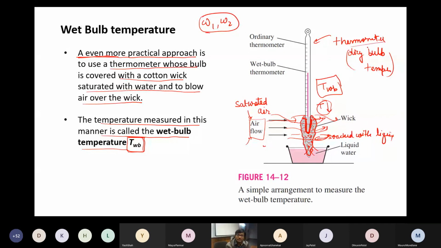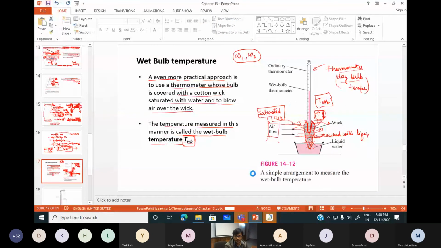At the normal condition, it tells my dry bulb temperature. So if the saturated air is being blown over this wick, will the temperature dip down or not? Can somebody comment? Yes or no?